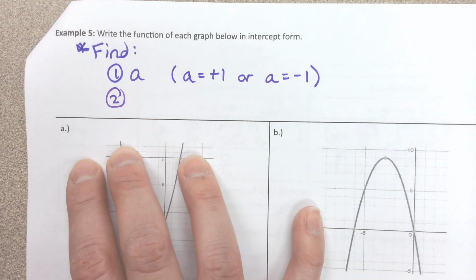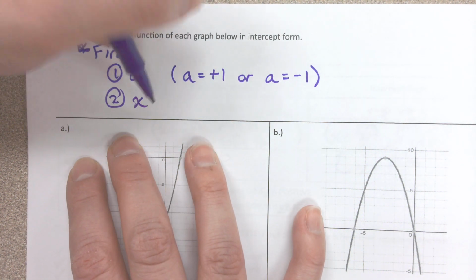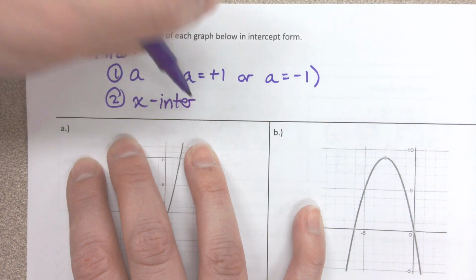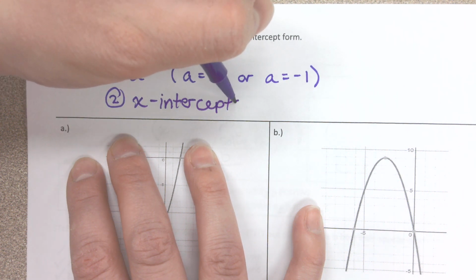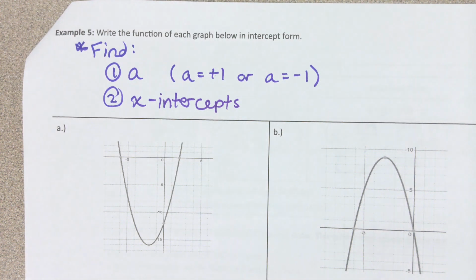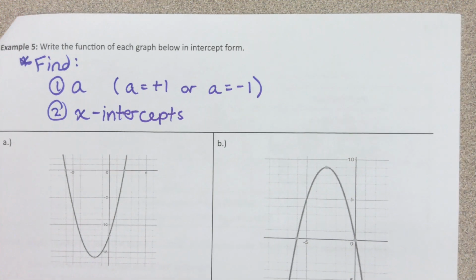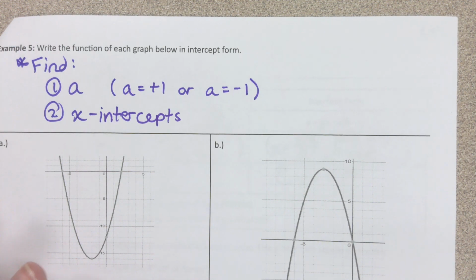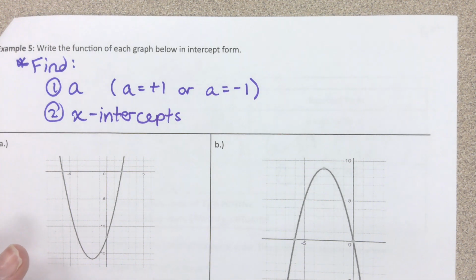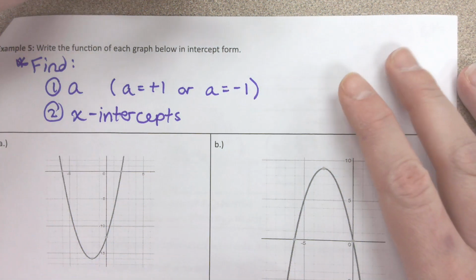The second thing you need to find are the x-intercepts. The third piece of information you need is the general form of the equation that's on the front page.